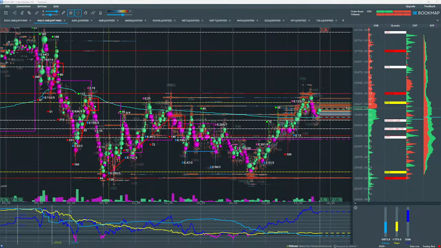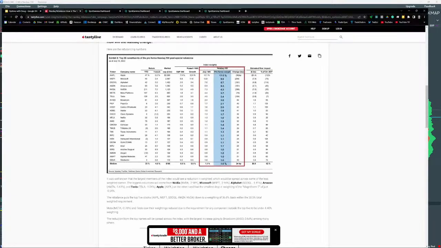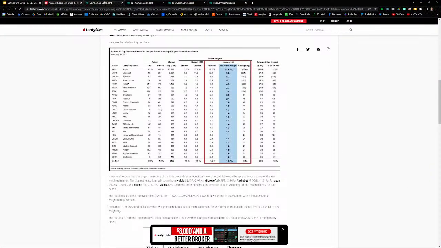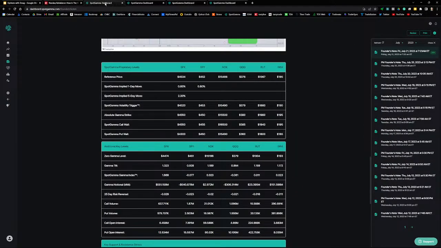All right, so those are the levels that are in play for today. I've talked about shifts in levels. Let's take a look at one other thing, gamma notional. So this is market maker's position on the gamma curve at the beginning of the day for SPX, SPY, NDX, and QQQ.